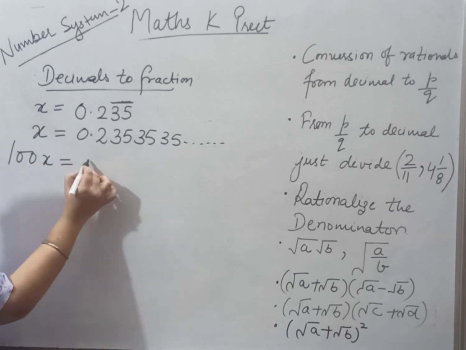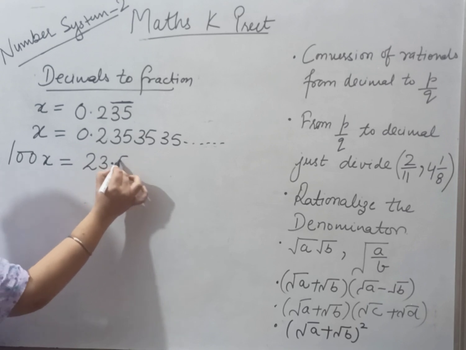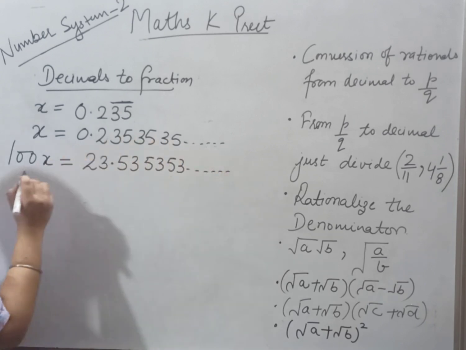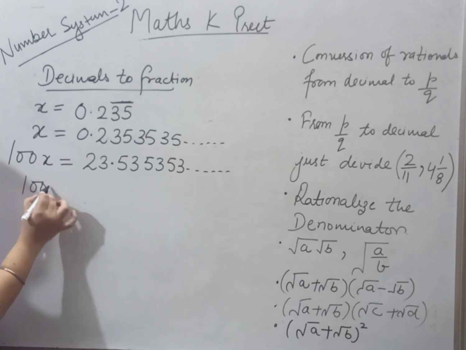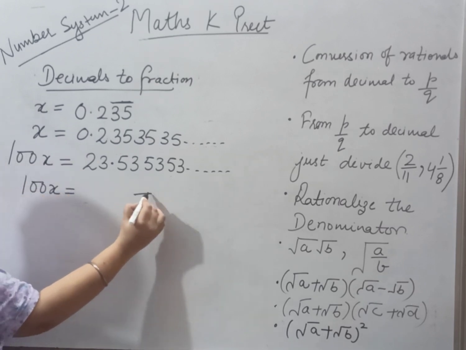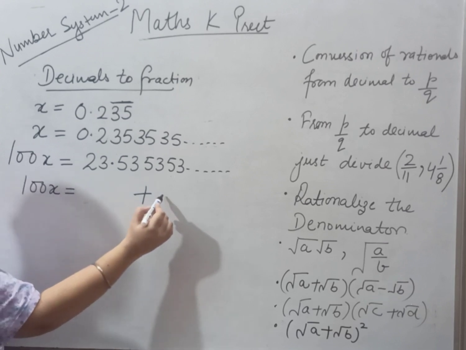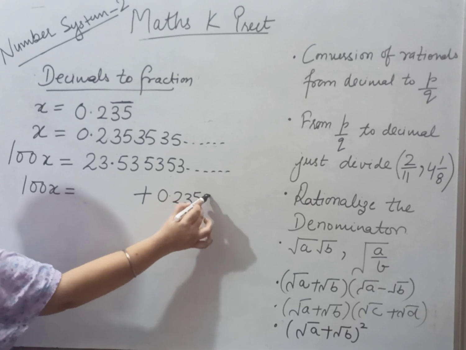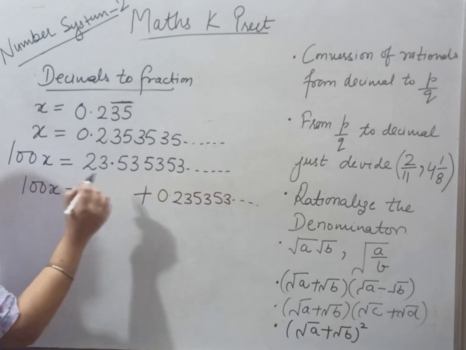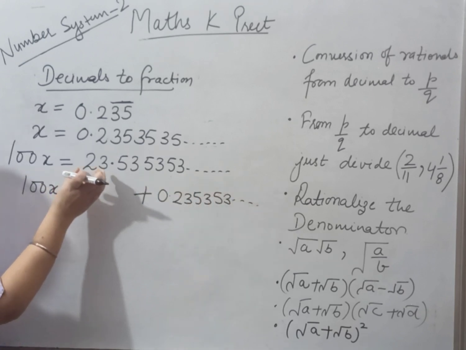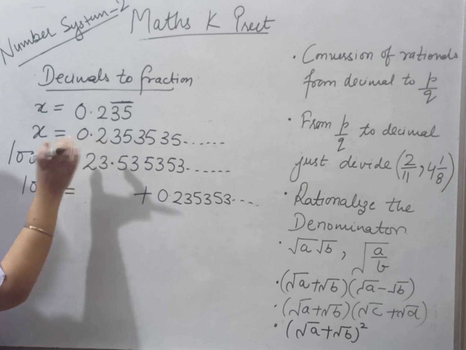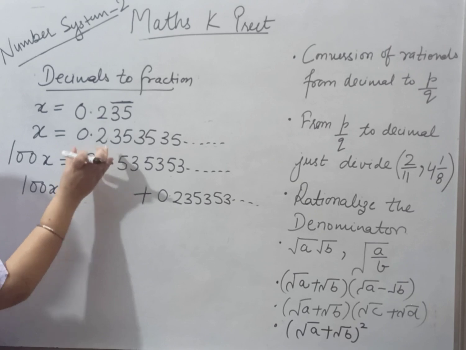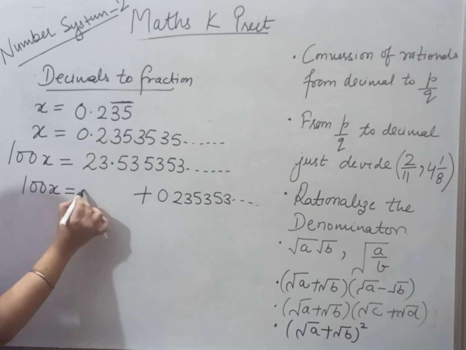So it will become 23.535353 and keep going. Now we will break the number into a sum of two numbers. Here we always get x. Write the value of x here, 0.235353 and so on. And here we will subtract the value of x from this number.